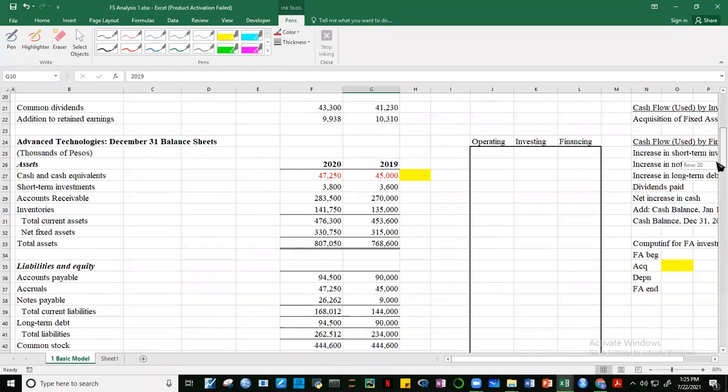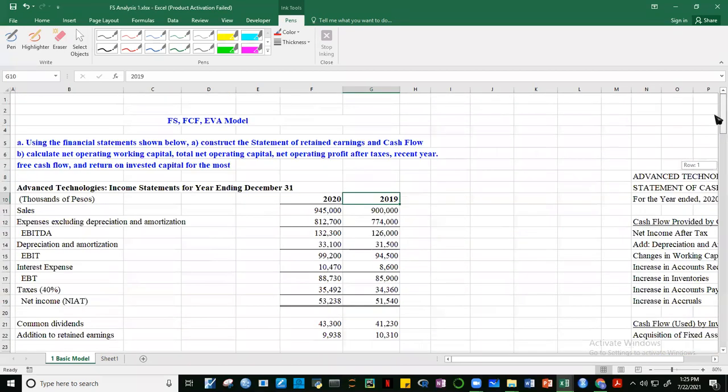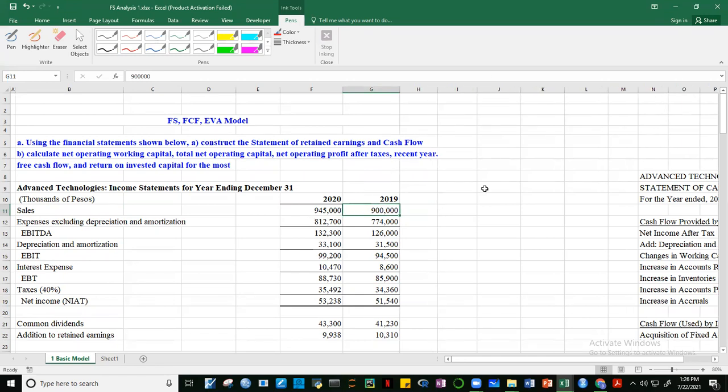But before we do that, let's take a look at our statements first. Income statement, you have sales here. Sales for 2020 was 945, sales 2019 was 900. By how many percent did sales increase? Nag-increase, di ba? 900 to 945.